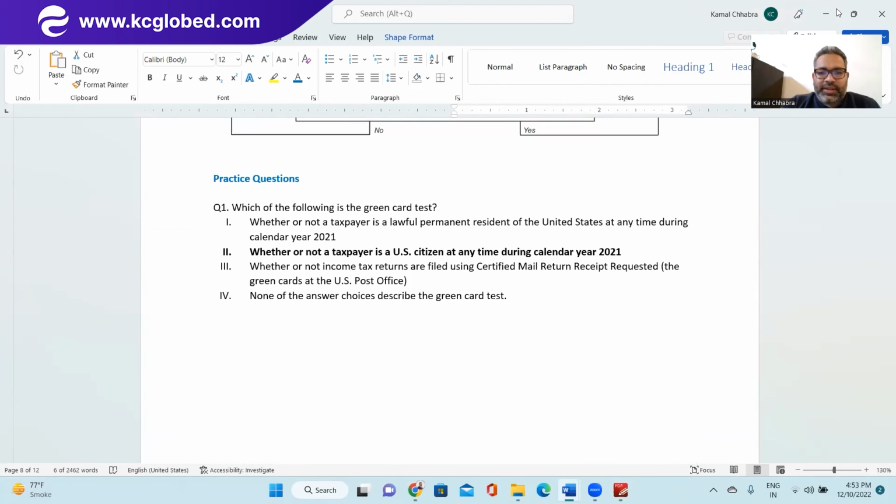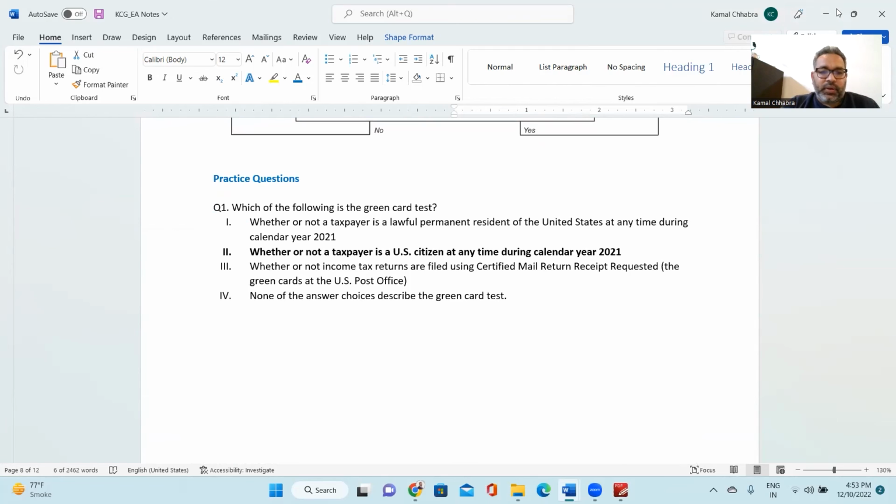Whether or not a taxpayer is a lawful permanent resident of the United States at any time during the calendar year 2021; whether or not a taxpayer is a US citizen at any time during the calendar year; whether or not income tax returns are filed using certified mail return receipt requested, the green card at the US Post Office; none of the other above choices describe the green card test. So green card test means the residency test, for tax purposes. Which option do you feel is more appropriate and why?